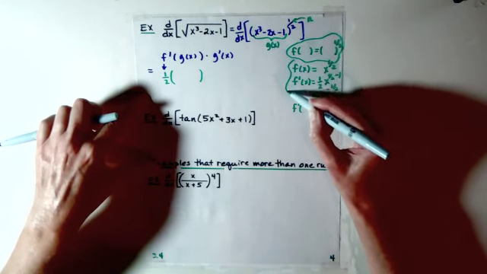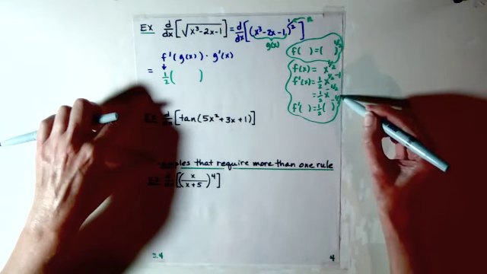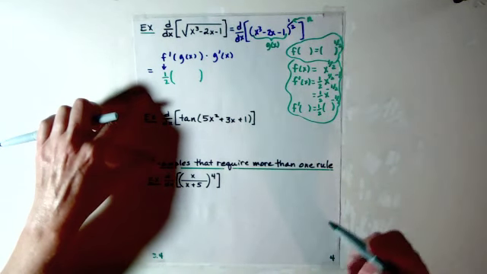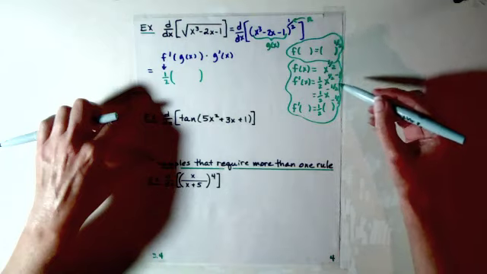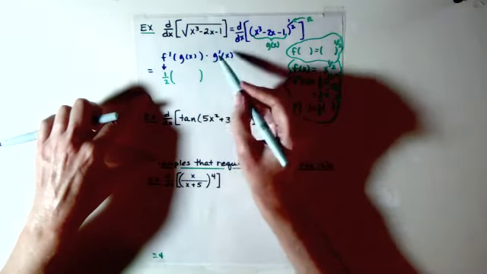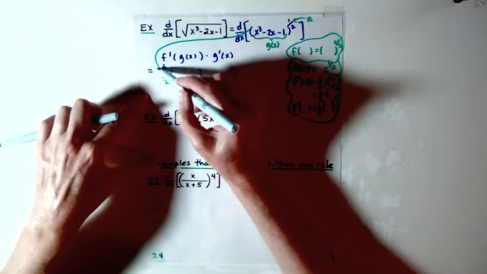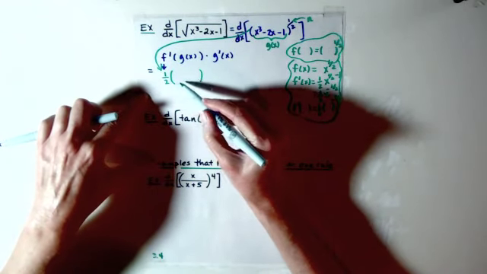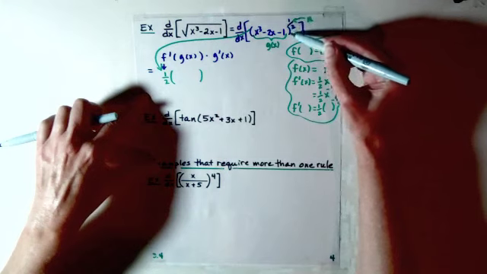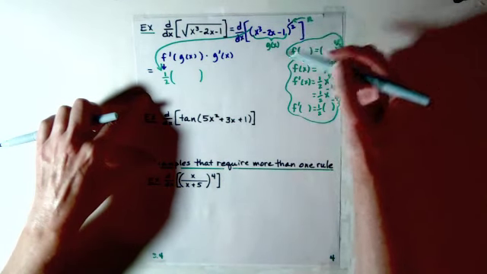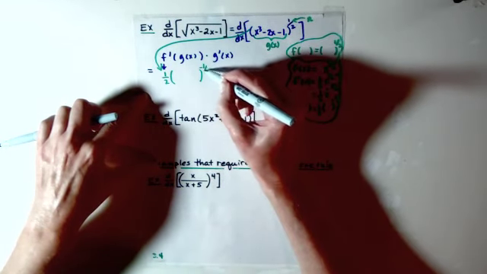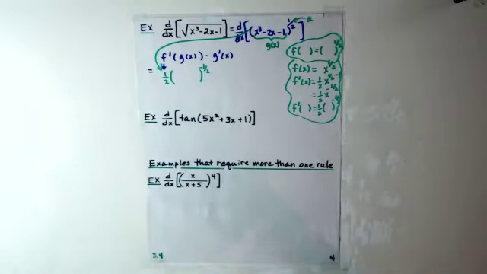And again, this stuff, write it down if you're not sure, but pretty soon you probably can think all of this in your head. So I pull down the 1/2, I'm taking the derivative of this outer function. I do whatever I'm plugging in to one lower power, so I do 1/2 minus 1 is negative 1/2. That's the derivative of my outer function.